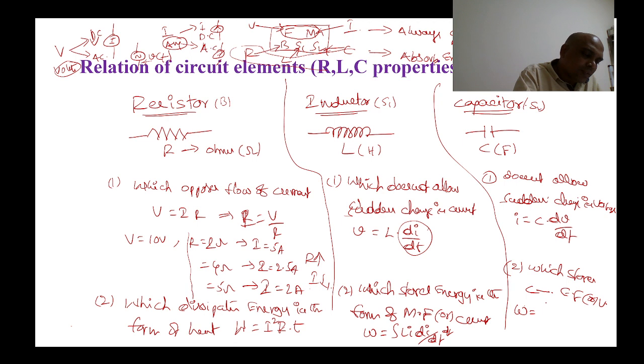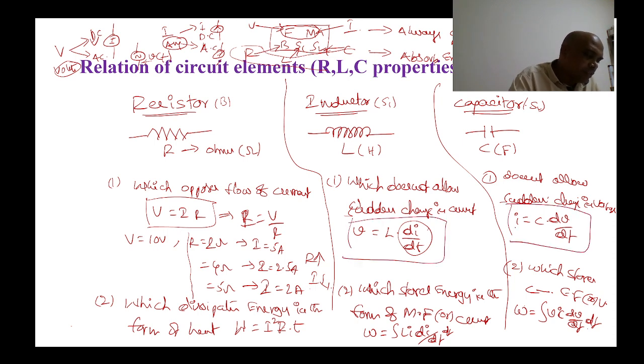So what is the formula? Integral of C into V into dV by dt into dt. This is the formula for energy. From this you can understand V equals IR, V equals L into di by dt, I equals C into dV by dt. For a resistor, I can apply DC or AC.